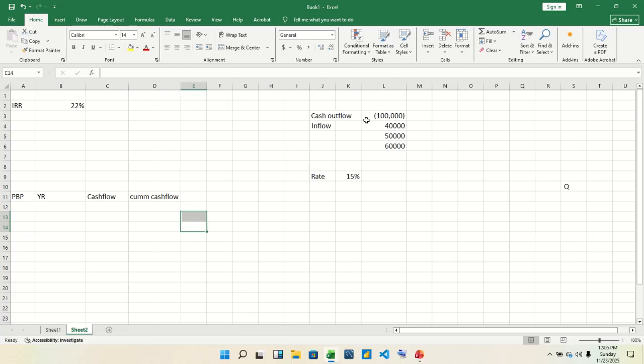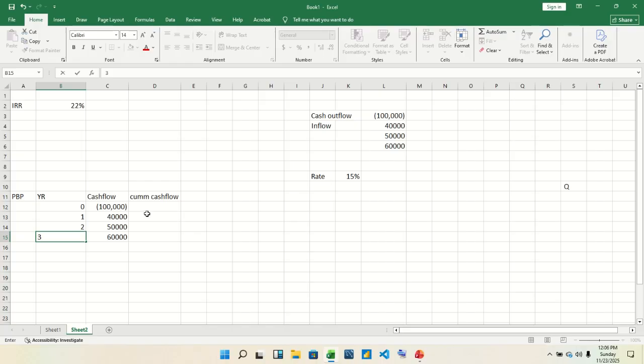Then we now copy our cash outflows and all the inflows, and paste it here as our cash flows. So you can decide to number this from year 0, it is your choice, 1, 2 and 3.